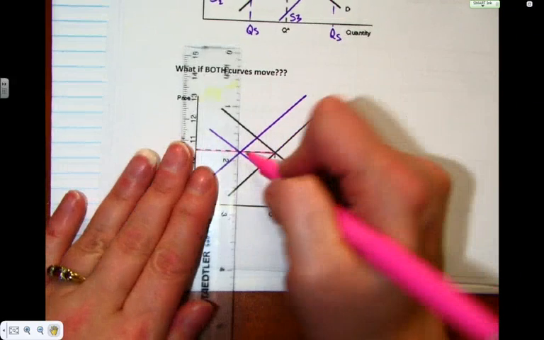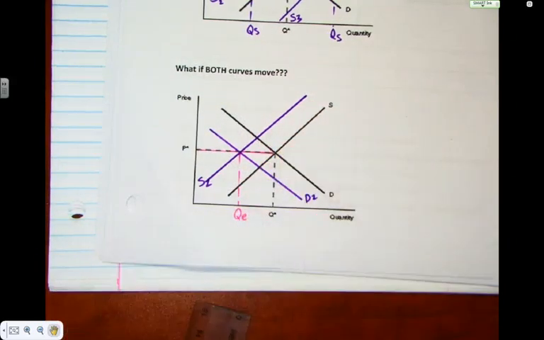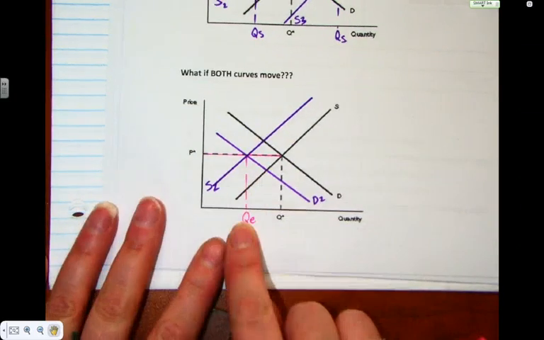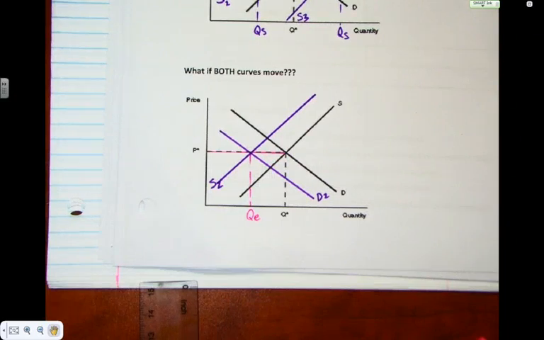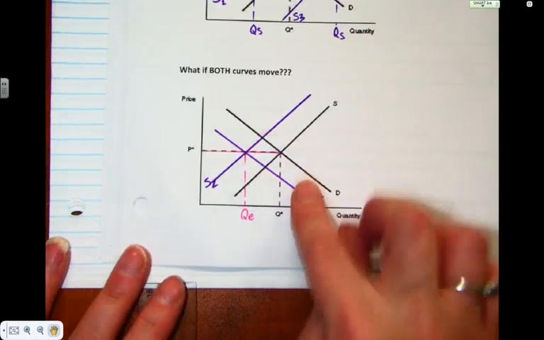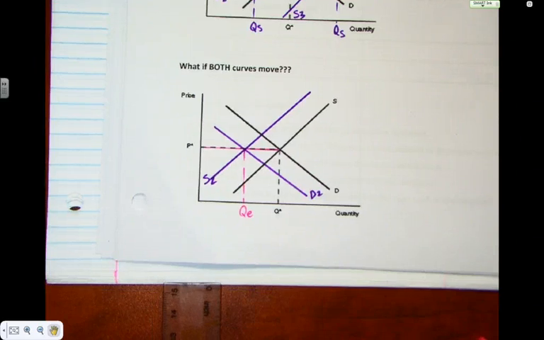So I'm going to draw the new quantity. And this time it's actually the equilibrium that moved over. And so this is neither. This isn't a surplus or a shortage. It's the quantity that both supply and demand went down, but the price stayed the same. That will only happen if they both move in the same direction. So if one goes out, one goes up, that could change if one goes inward more than the other one.